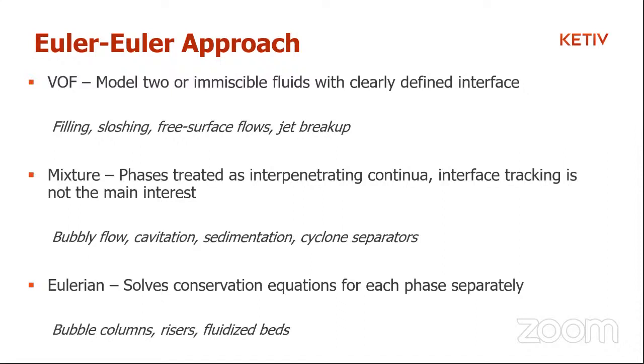In those situations, you would go ahead and use the Eulerian model. But for today's demonstration, I'm going to stick to the volume of fluid model so that we can clearly see the interface between two different phases and how easy it is to capture using Ansys Fluent.